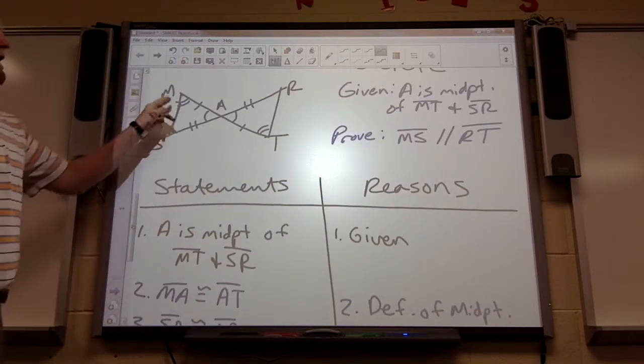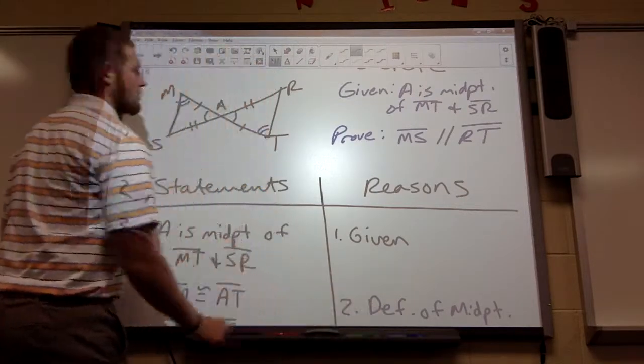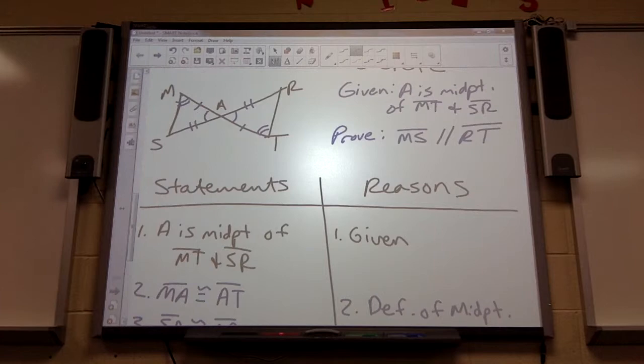Now that I have those angles congruent to each other, what do I know about my lines MS and RT? When you know the answer to this question, raise your hand. If not, talk to your neighbor. Make sure you are figuring this out. Why is MS parallel to RT?